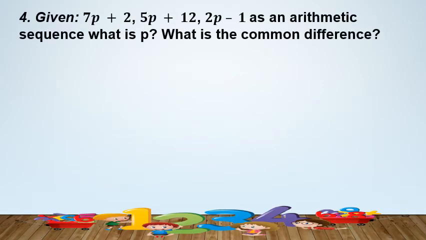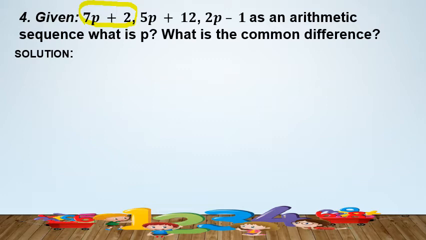Next, given 7p plus 2, 5p plus 12, 2p minus 1 as an arithmetic sequence, what is p? What is the common difference? I-clear lang natin, baka may mahilo. 7p plus 2 is considered as one term.